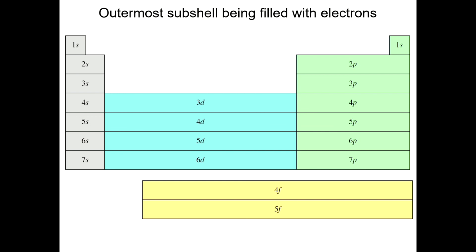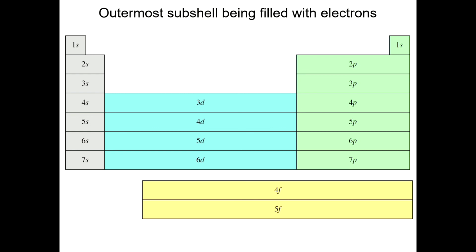And for these elements, their last electrons are filled in 3d to 6d orbitals. And for this, they're filled in p orbitals, and for the other two rows, 4f and 5f.